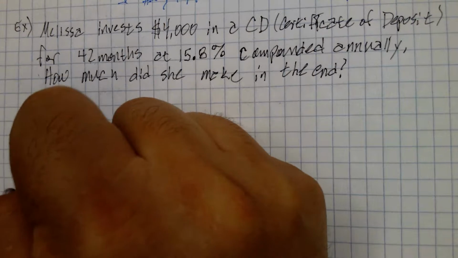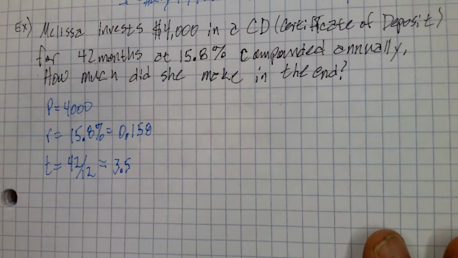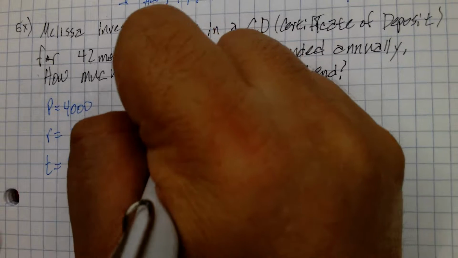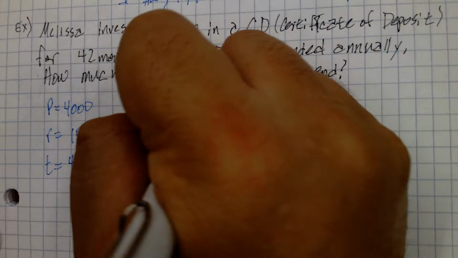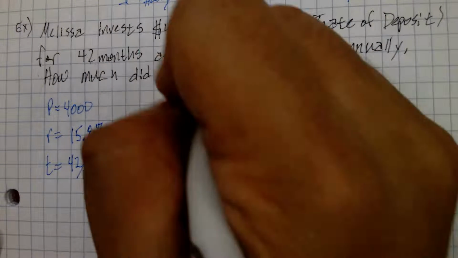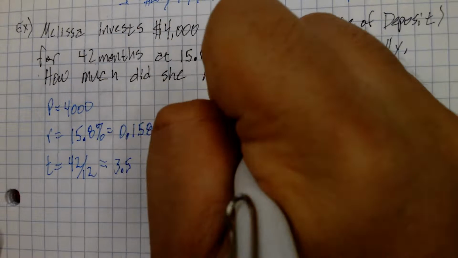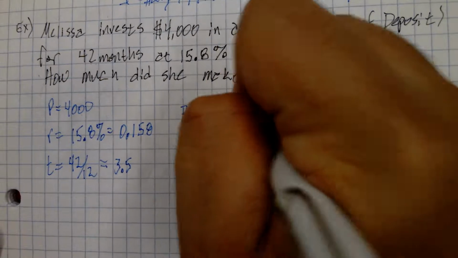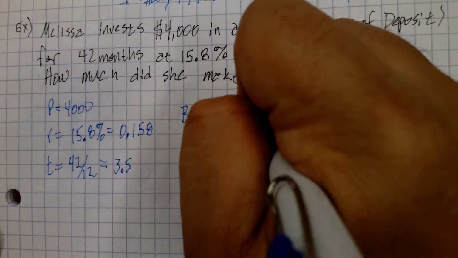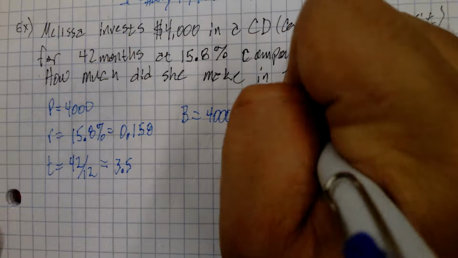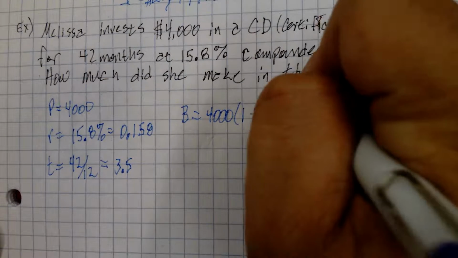It's almost 4 years. 3.5 years to be exact. Okay, let's go ahead and put this in. So it's 4,000 times 1 plus 0.158 to the 3.5 power.